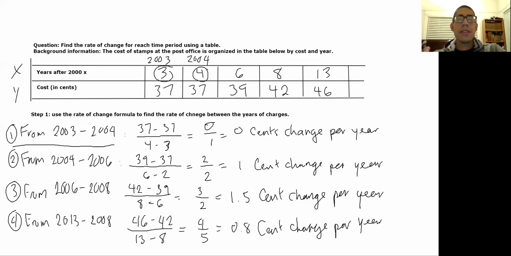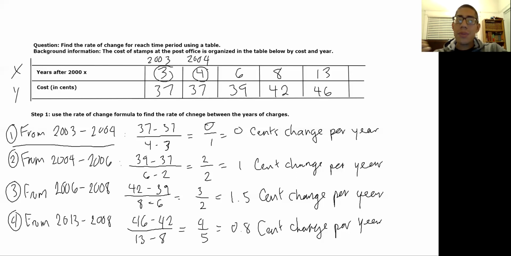From 37 to 37, right? Nothing changed. So if you notice here, 37 minus 37 is 0, and 4 minus 3 is positive 1. That makes sense because there's been no change in what appears to be 1 year, right? But if I were to do it the other way, if I were to put 3 in front of 4, I would end up getting a minus 1.